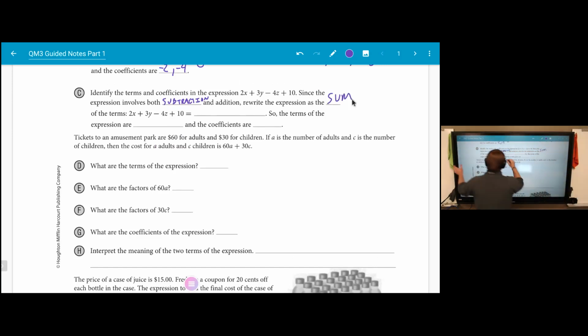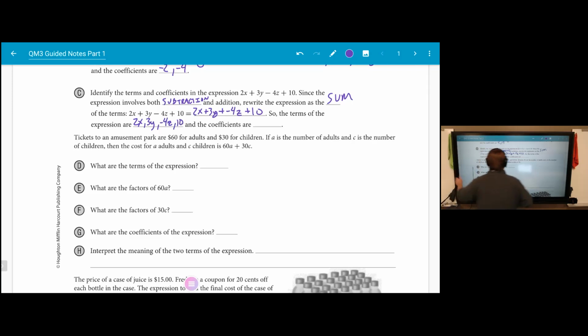So 2x, still plus 3y, but instead of minus 4z, we're going to say plus negative 4z plus 10. So the terms, again, the things that are added together, are 2x, 3y, negative 4z, and 10.